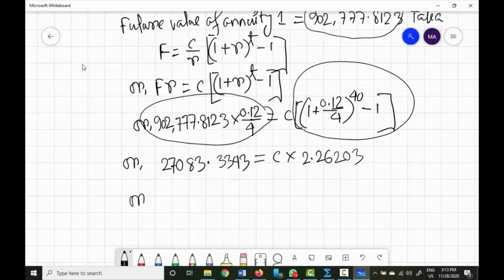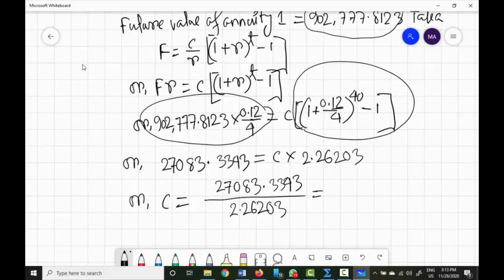Right. So in that case C will be equal to what? 27083.3343 divided by 2.26203.